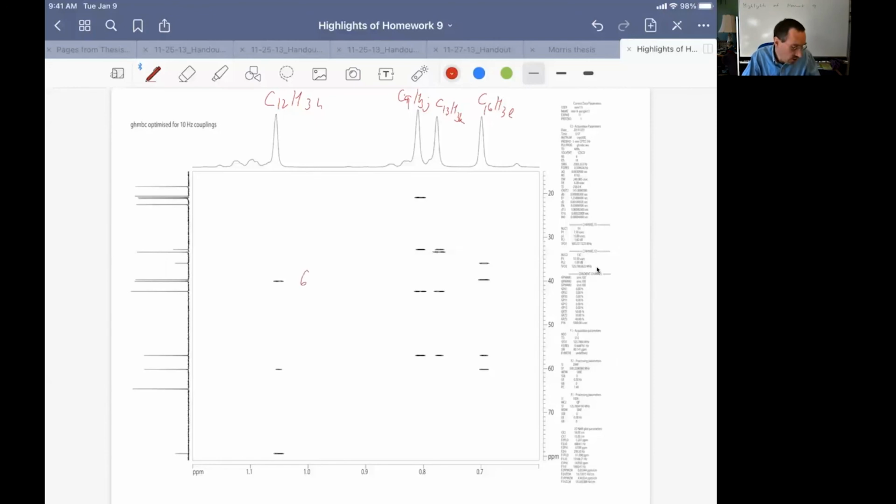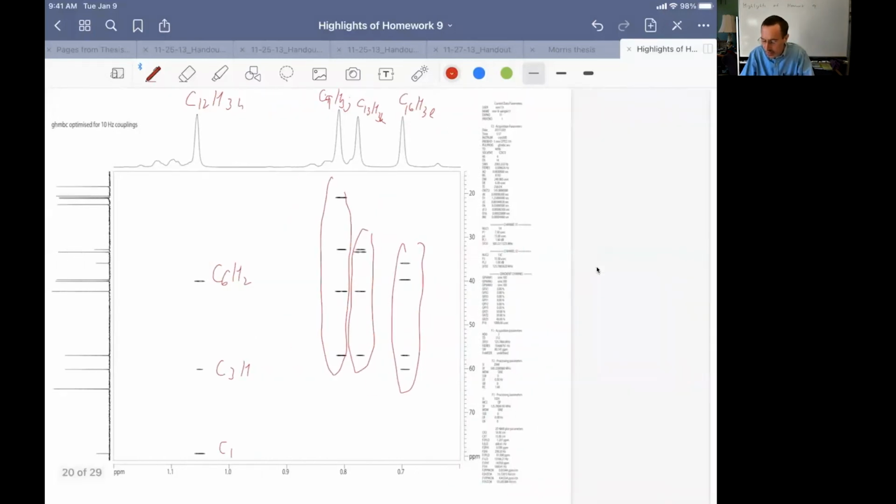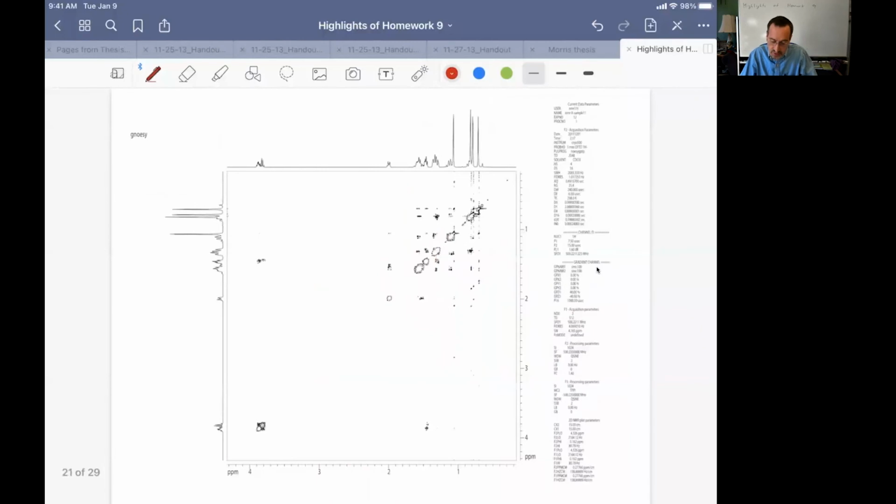You'll be able to see all the cross peaks like C6H2, A or H2, C3H, and C1 off of this methyl group, and ditto for this track and this track and this track, and that'll allow you to assign your methyls and then figure out the stereochemistry right off of them. So this is going to be a very, very nice example of this sort of problem.